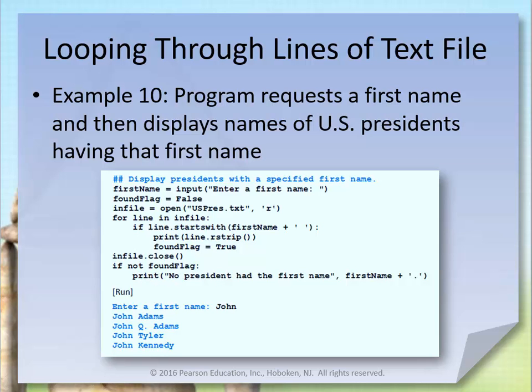We set up found flag to be false, and we were going to set it to true if something was found. Normally we would have a tendency to say if found flag is true, but in this case we can reverse the logic with the not statement. So if you put in the first name of John, these are the hits that you would get through the file, the presidents that had a first name of John.